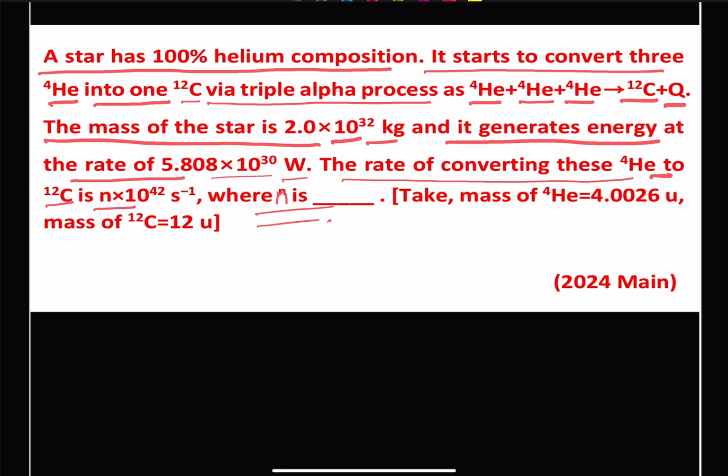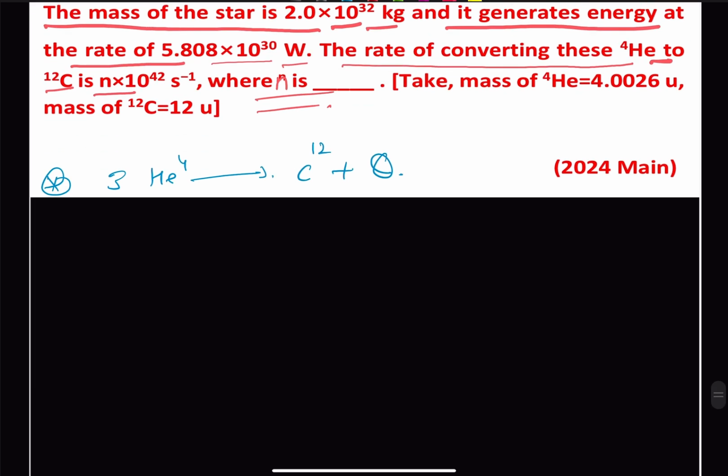So we can just start from the reaction, and the reaction states that our 3 helium nuclei give us C12 and energy, and their respective masses are given to us. So first of all, let's find out the energy released by using the mass defect.